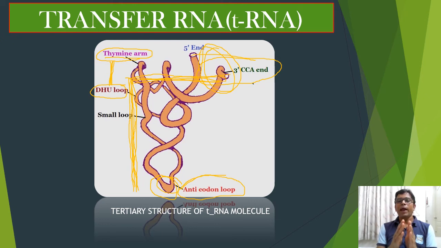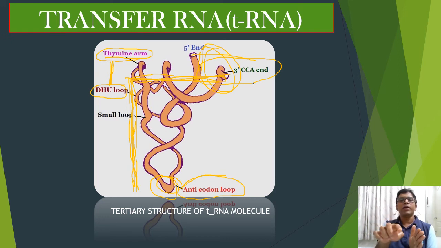The DHU loop and anticodon loop become straight and form one arm, and the thymine arm and acceptor arm become straight and twist, forming the other arm.